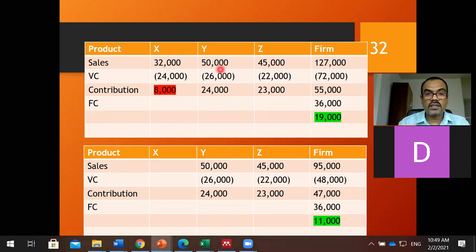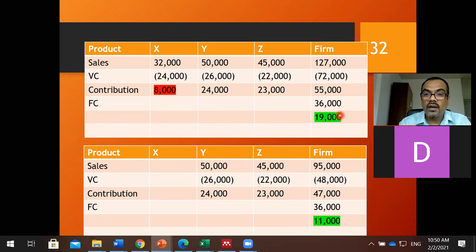Before the decision, total profit was 19,000. After the decision, it would be 11,000. So if you are asked to calculate the total profit if you scrap, this is the answer. But if you are asked whether you should scrap the product or not, an answer of 11,000 or 19,000 is not the answer, because just telling 11,000 doesn't tell you anything.